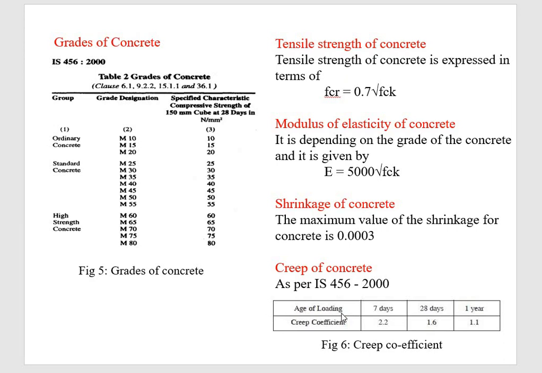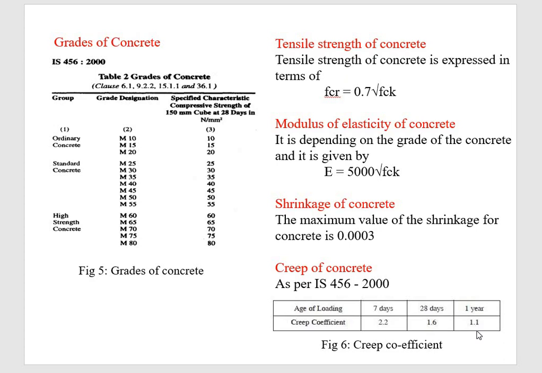If age of loading is 7 days, then creep coefficient is 2.2. If it is for 28 days, creep coefficient is 1.6. If it is 1 year, it is 1.1. So you can observe, as the days increase, this creep coefficient decreases.